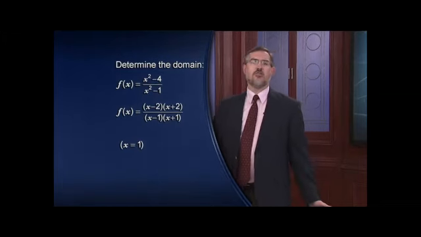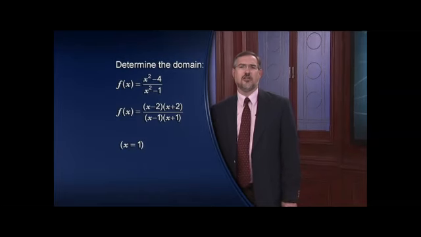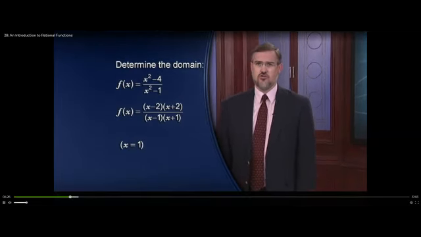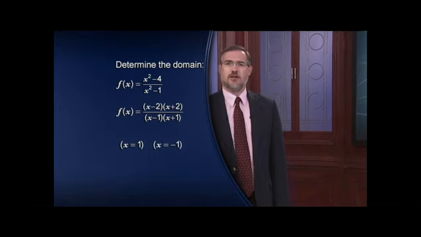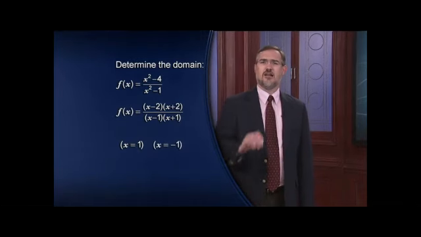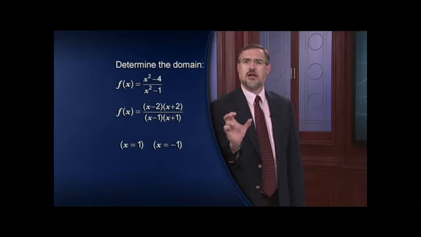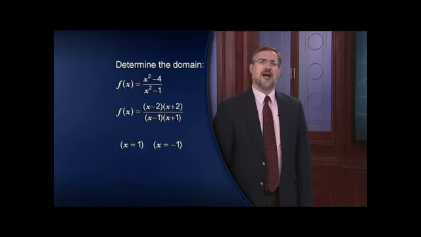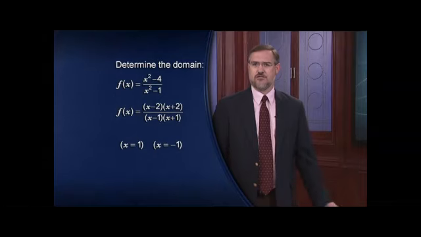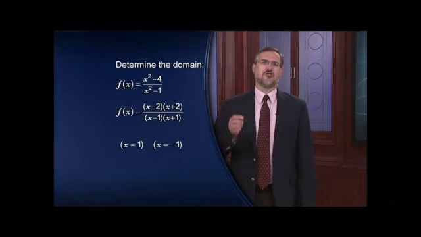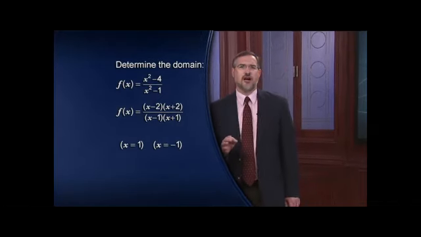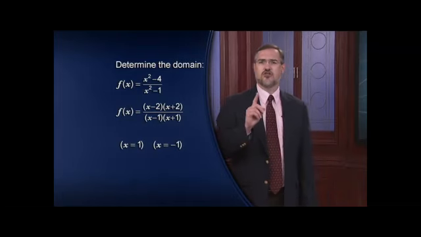Now, are there any other values which are not allowed in the domain of this function? Sure. X equals negative 1 is the other value that's not allowed in the domain, and that's because of the factor x plus 1 that was in the denominator once we factored our function. And this leads us to the rule of thumb for how to find the domain of any rational function.